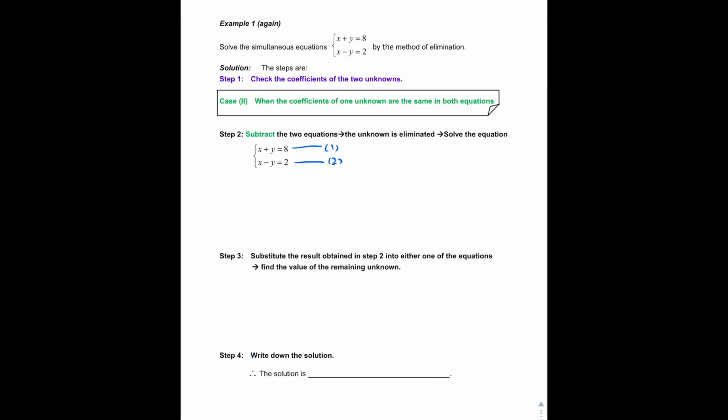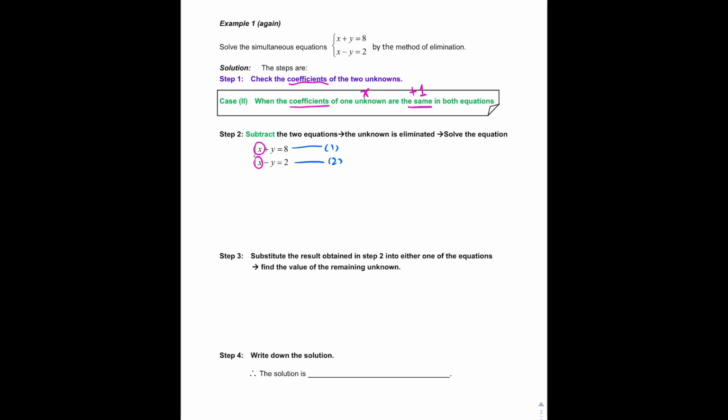Actually, we can use another way to solve the same question. Let's check the coefficients of the two unknowns again. When you check the coefficients of x, what do you notice? Here you find that the coefficients of x are the same in both equations.